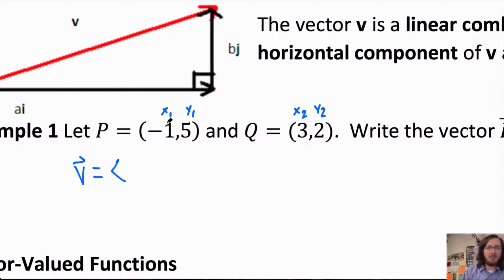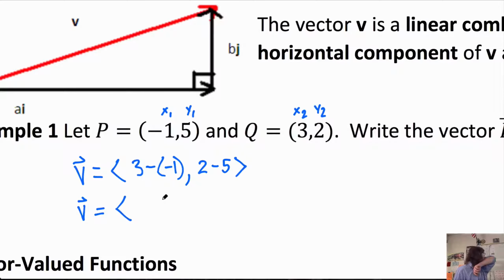Then I want to take x2 minus x1, so 3 minus -1, and y2 minus y1. So 3 minus -1 is 4. 2 minus 5 is -3. So in component form, vector v is 4, -3, but we want to write it in linear combination form.